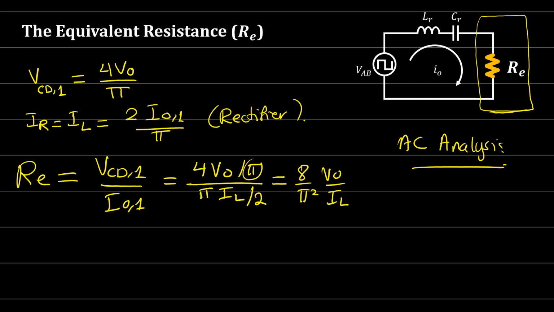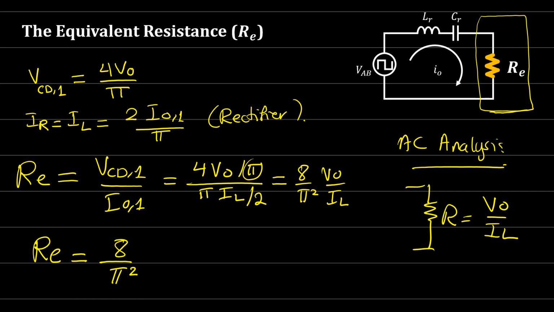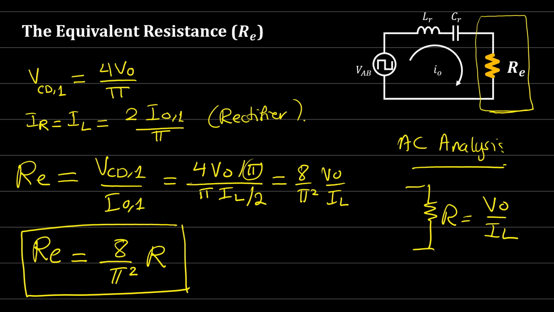Now what is the output voltage over the load current? This is the resistive load R. The resistor on the output R is equal to V out over I_L, right? So we can say that the equivalent resistance is equal to 8 over pi squared times R. So we can replace the whole part with this equivalent resistance.